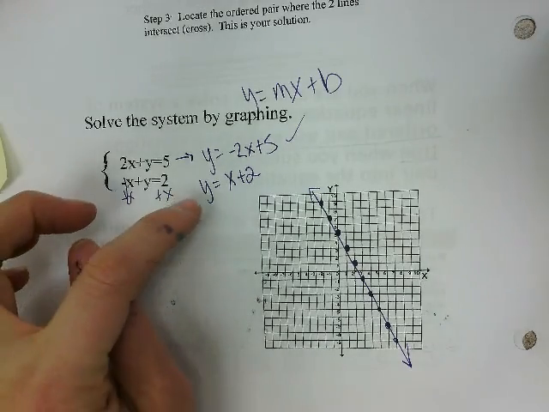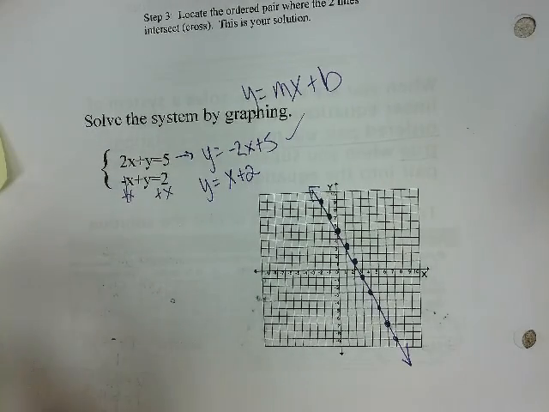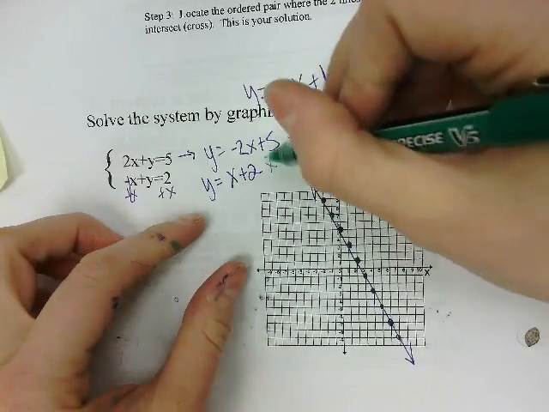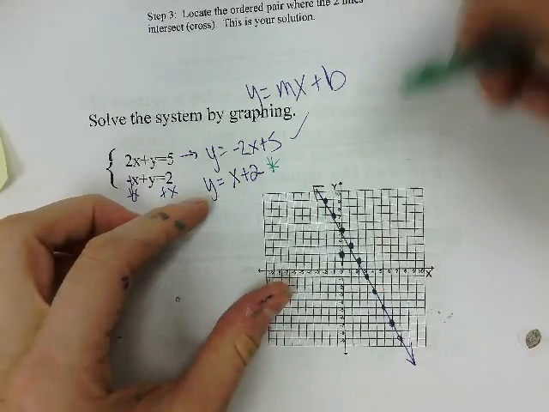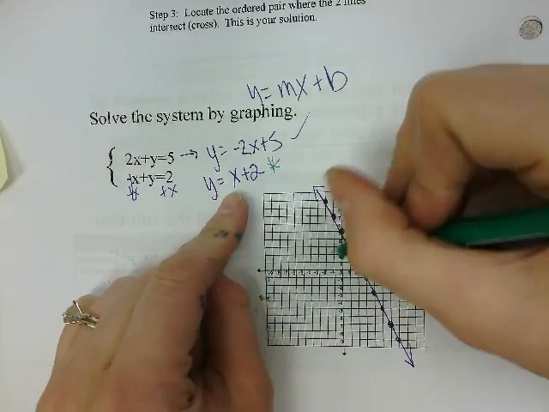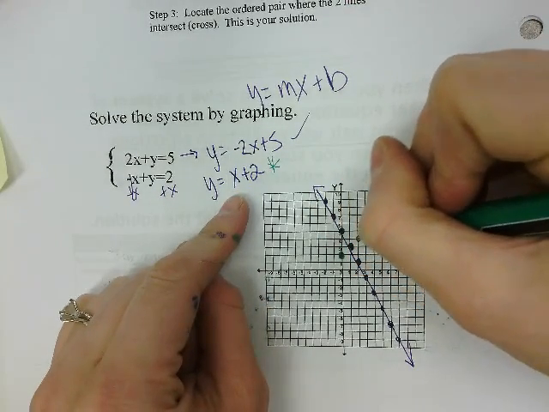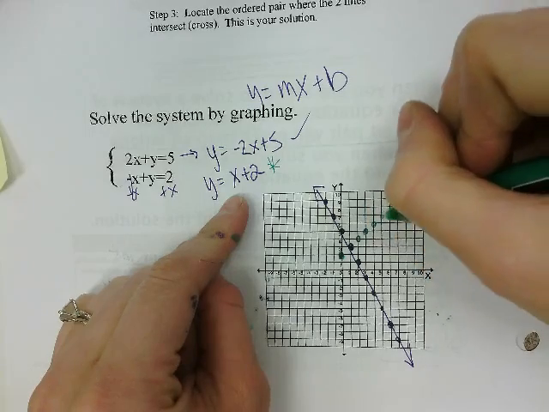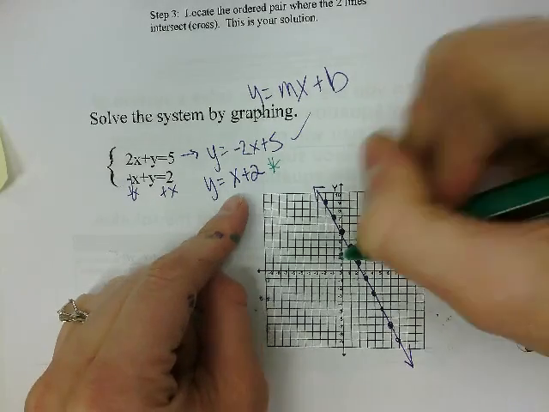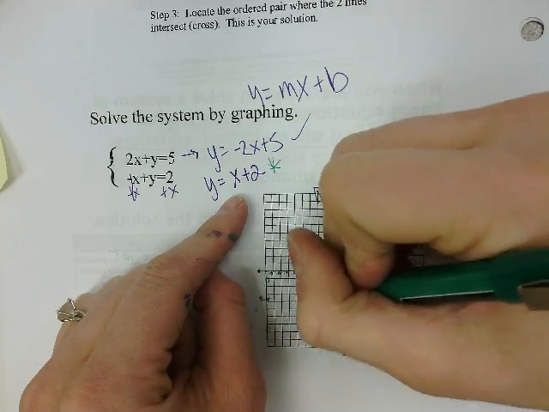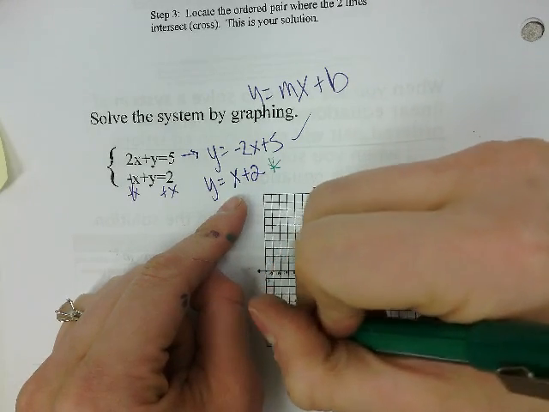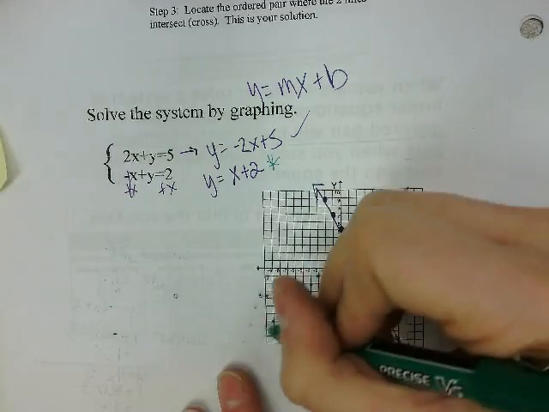All right, the next one. Where do I start my line? At this one here. At positive 2. And my slope is up 1, right 1. All right.